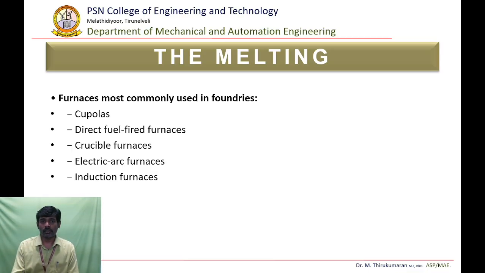We already discussed that in the sand casting process, one step is the molten material. Once we need molten metal, we need a melting process. The melting is done with the following methods: cupola furnace, direct fuel fired furnace, crucible furnace, electric arc furnace, and induction furnace. These are the different methods for melting the raw metal.